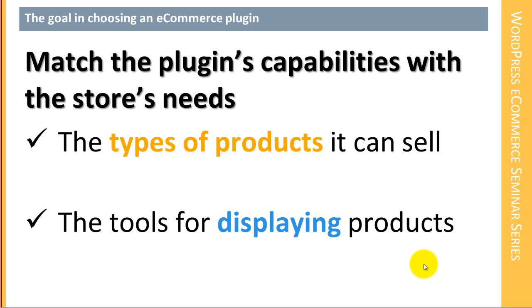And if you try to do something that should be done with WooCommerce using WP eStore, you're doing your client a disservice. So it will be critical, important, necessary for you to be able to evaluate the specific store's needs and compare that to the specific plugin's capabilities to make a decision about which plugin you're going to use in which condition.